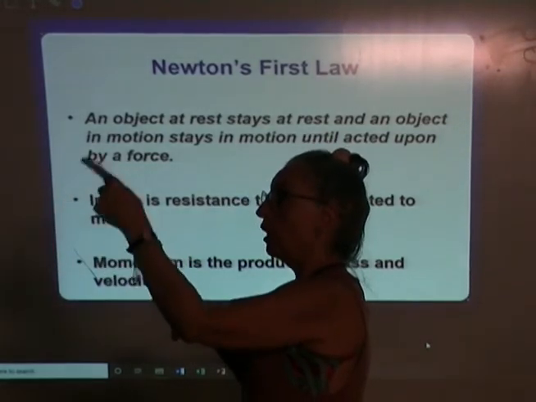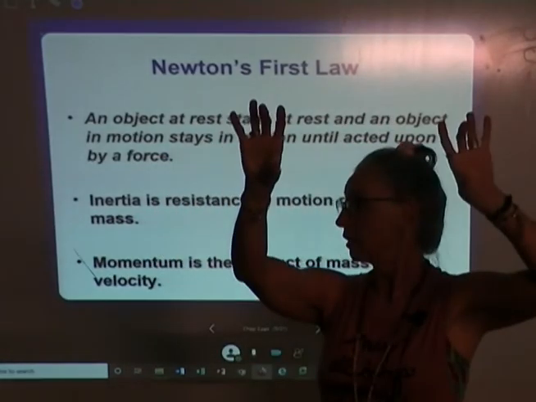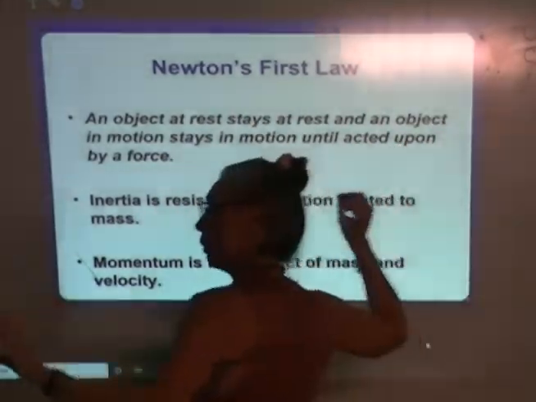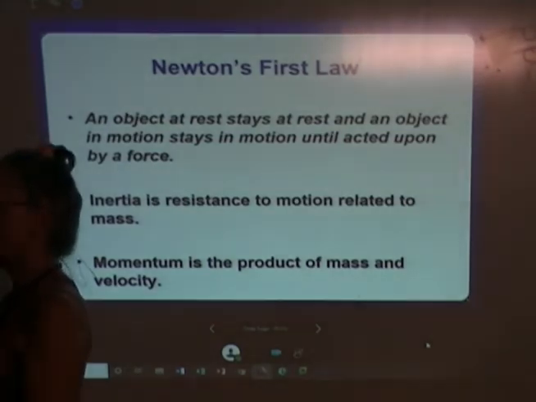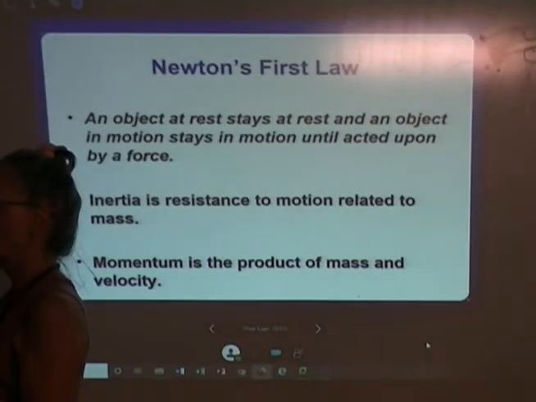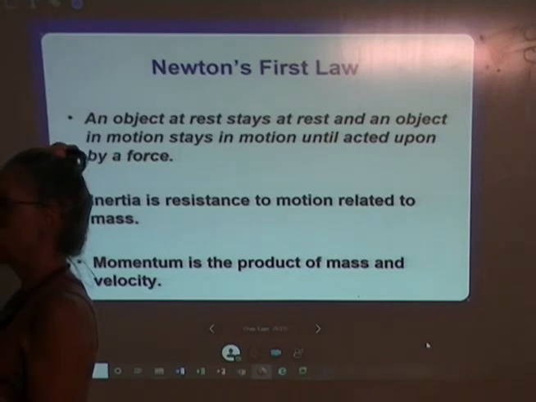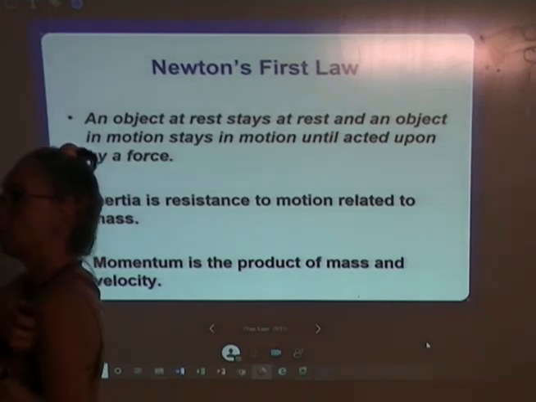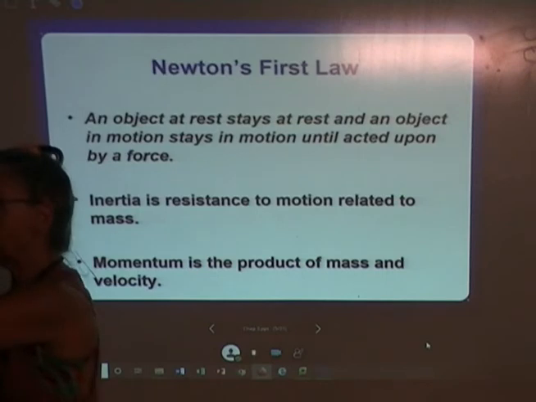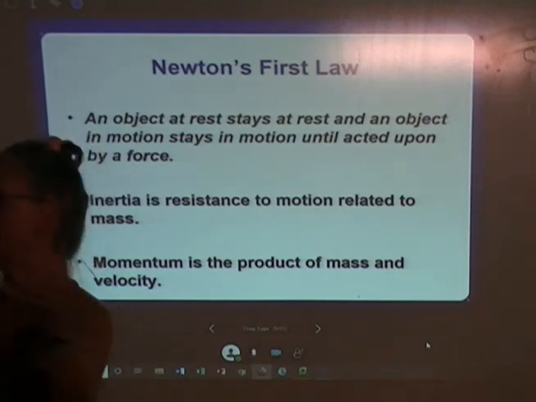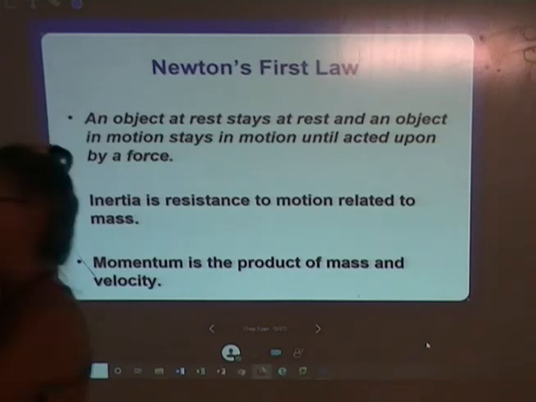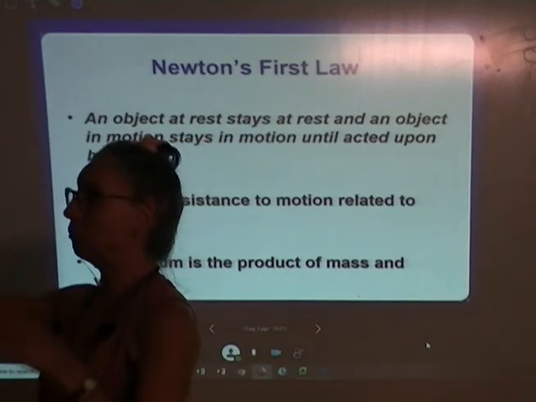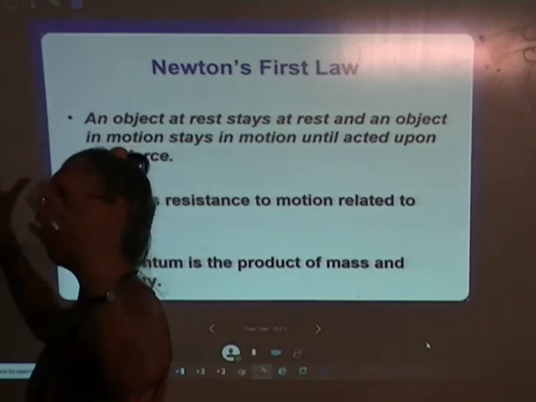So, if you were in outer space and you threw a baseball, what would happen to that baseball? It would keep going. Exactly, until it hits a planet or an asteroid or something else. That ball is going to keep going because in outer space there's no forces.